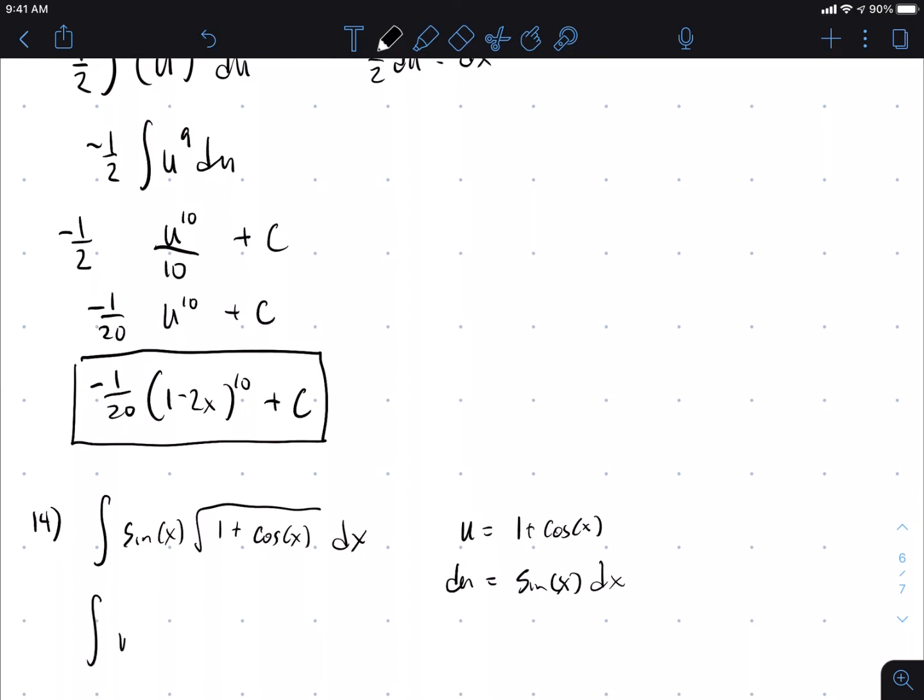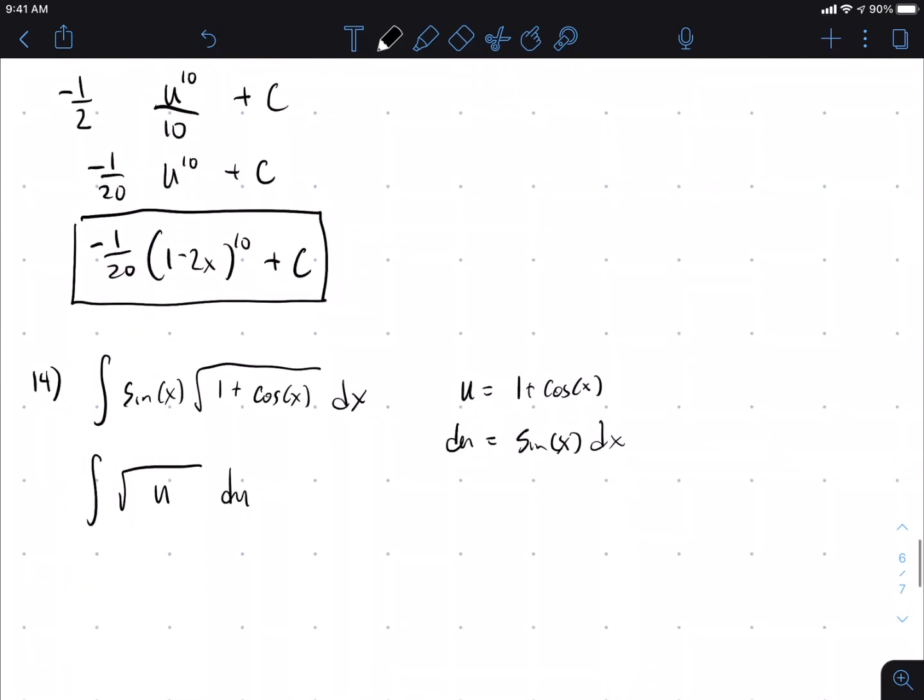So I'm going to get the root of u du. Since du is sine of x dx, it kind of cancels out, like how there's no more sine x. It's subbed out. Okay. So then from here, we can do this one now, right?